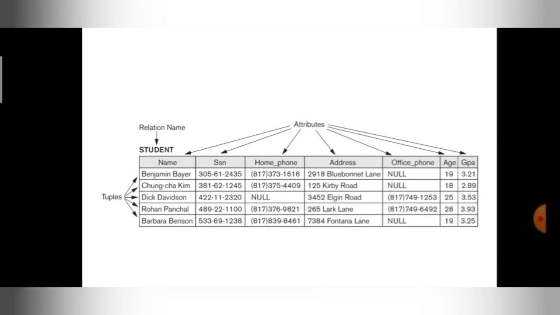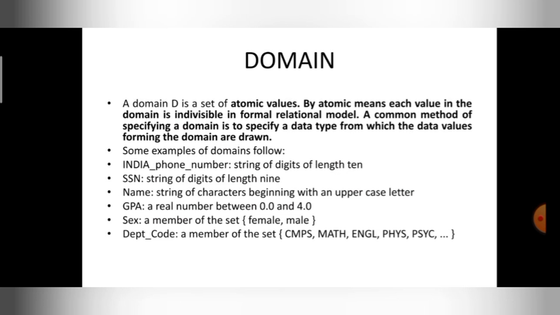You can see here, I'm telling SSN should be 9 digits long. So what is that? My domain. It is a set. Whatever SSN you take should be 9 digits long. That is a set. So domain is a set of values.